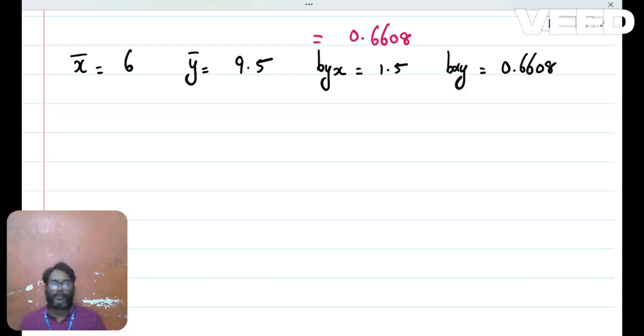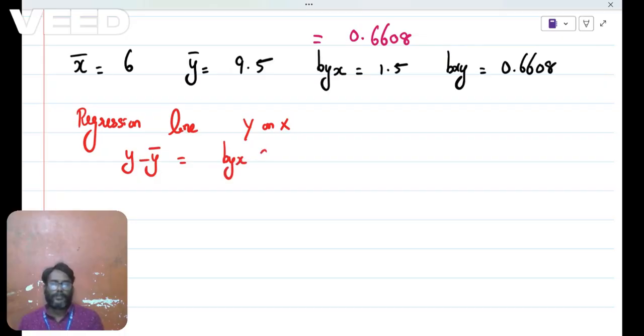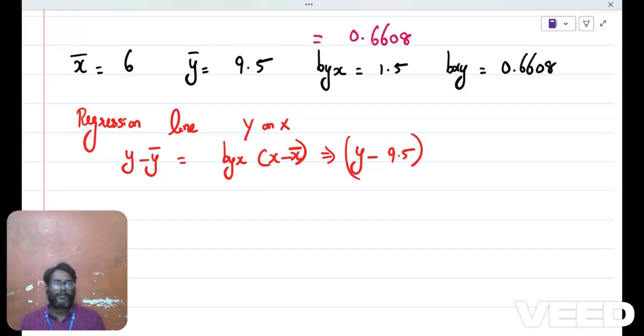First, the regression line y on x. The regression line y on x will be y minus y bar is equal to b of yx into x minus x bar, which implies y minus 9.5 is equal to 1.5 into x minus x bar, where x bar is 6.